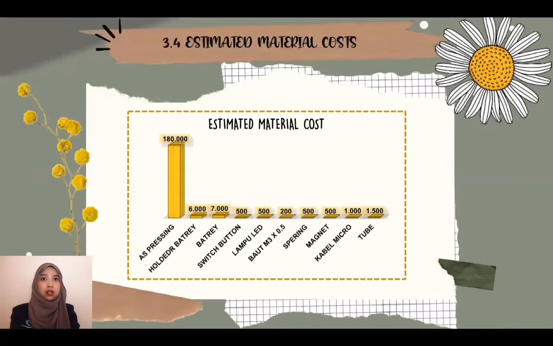Estimate material cost. You can see the estimated material cost for as pressing holder battery, switch button, LED lamp, M3 x 0.5 bolt, magnet spring, micro cable, and tube.